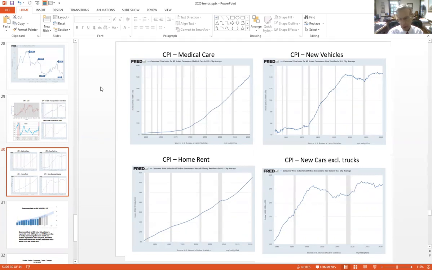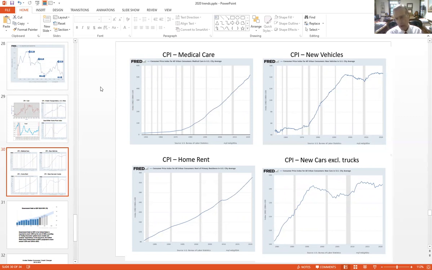Medical care going up very sharply. Price of new cars is kind of held flat. Price of rent, because again, people are moving to new locations.